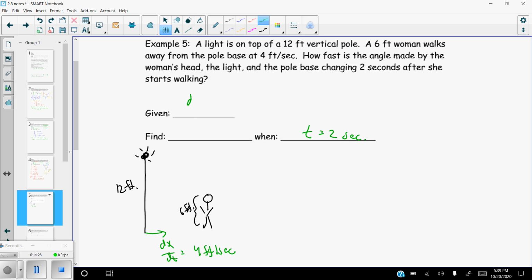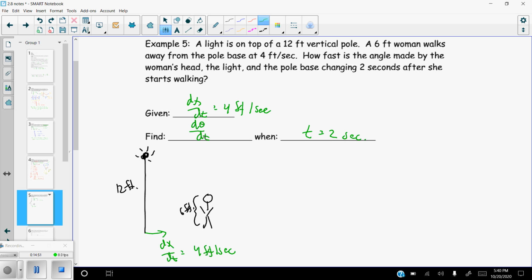Given is going to be dx/dt. That's 4 feet per second. We are trying to find out how fast the angle is changing. Well, we're going to measure an angle, probably using theta. So we're going to say that it's dθ/dt is what we're looking at. Now the question is, where specifically is the angle?